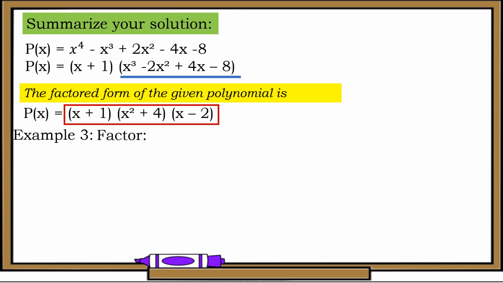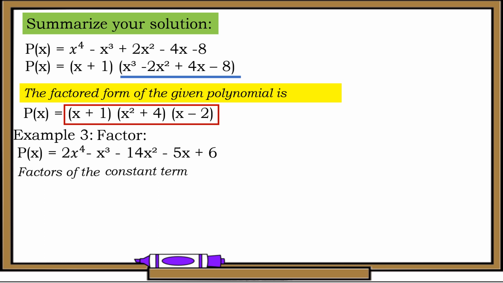Example number 3. Factor P of x is equals to 2x to the 4th minus x cubed minus 14x squared minus 5x plus 6. Ang constant term natin ay 6. The factors of 6 are positive negative 1, positive negative 2, positive negative 3, and positive negative 6.